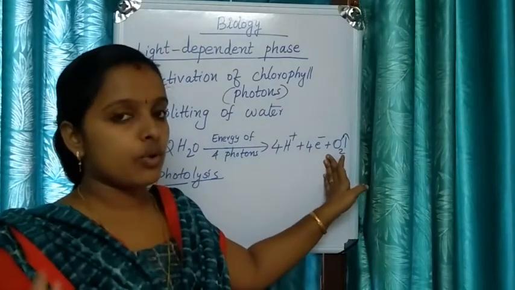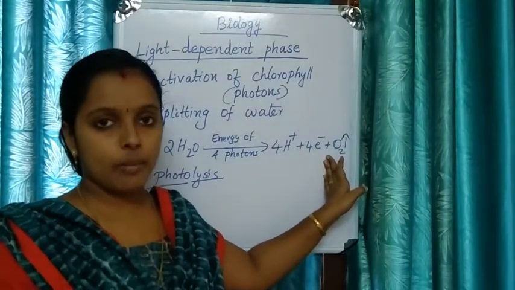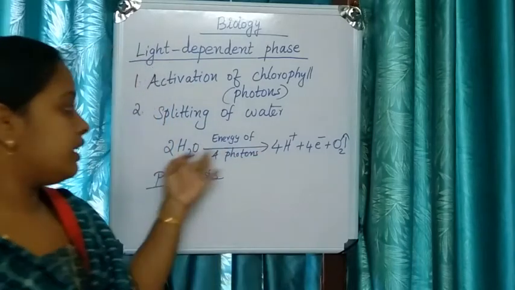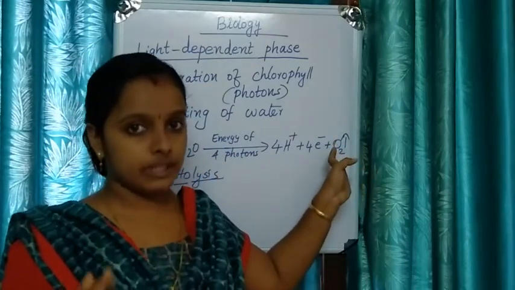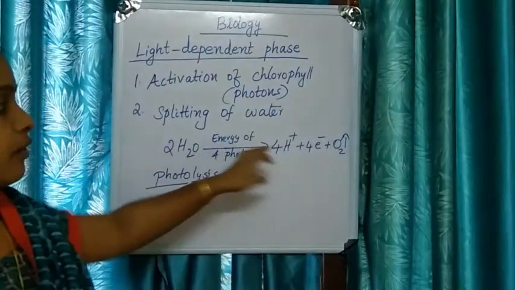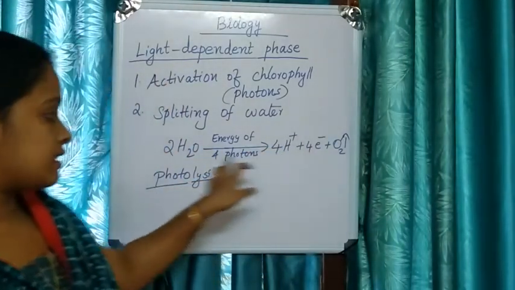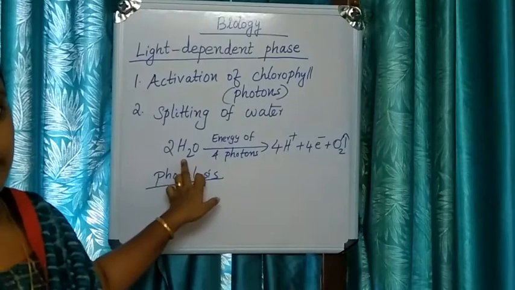Carbon dioxide is also one of the raw materials, but water is the source of oxygen during photosynthesis. And that oxygen is produced as a result of photolysis of water.